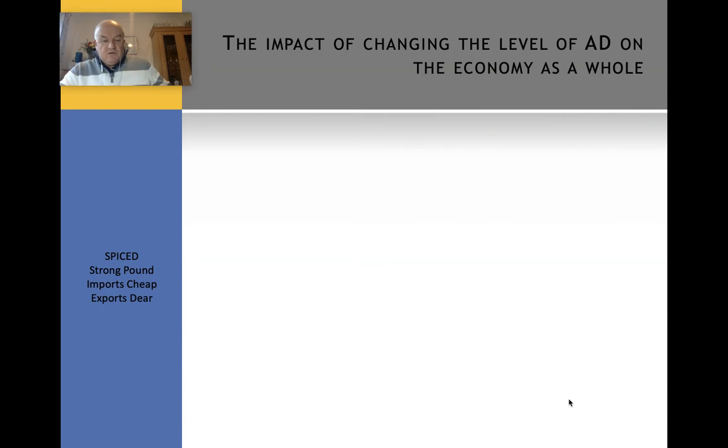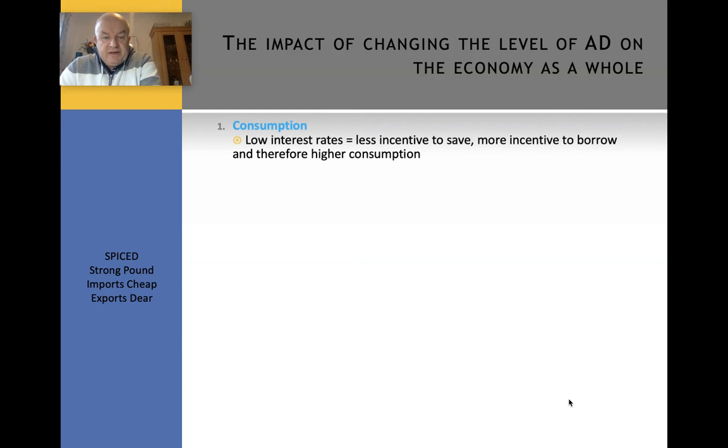So let's take a look then at some of the other principles to bear in mind. If we're looking at the impact of changing the levels of AD on the economy as a whole, clearly thinking about the levels of aggregate demand, one thing that is going to happen in terms of consumption is that if we lower interest rates, there's less incentive to save, more incentive to borrow, and as a result of that, there will be a higher level of consumption, which is obviously one of the biggest components of aggregate demand.